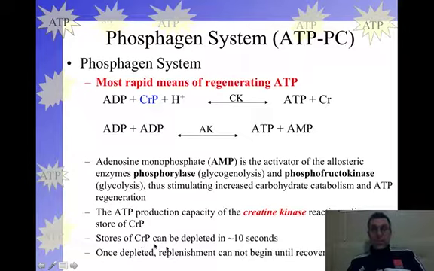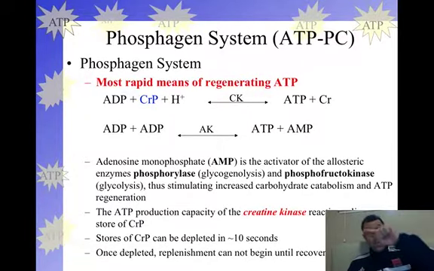Stores of creatine phosphate can be depleted in 10 seconds or less. Some of you, maybe in an exercise physiology class, have done what's called a Wingate test. During those Wingate tests, it's often pretty obvious to see a phase of your peak energy production, so your peak energy output, kind of one and the same during that test. And all of a sudden there's a pretty dramatic drop off, and then you sort of tail off consistently after that.